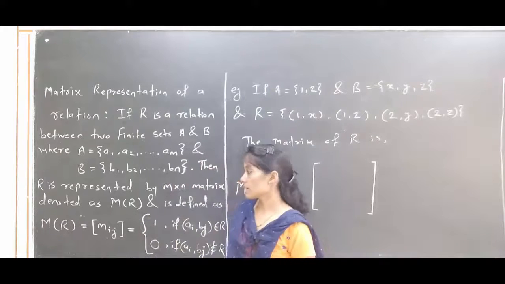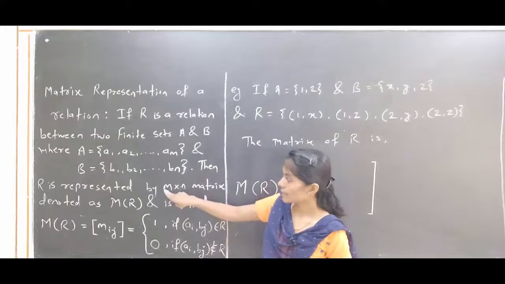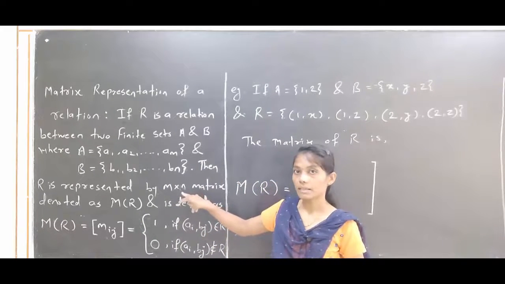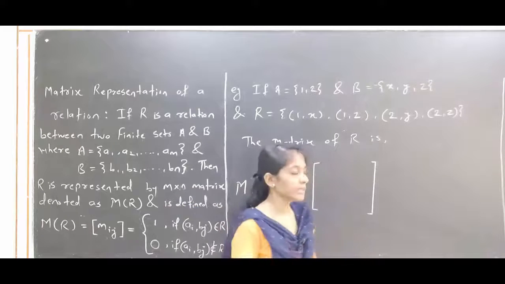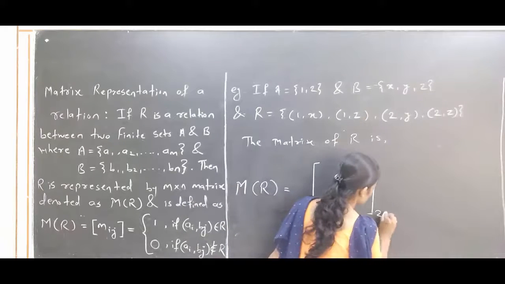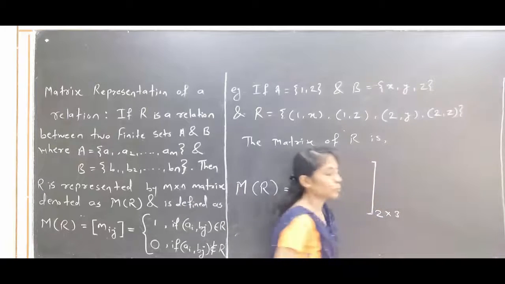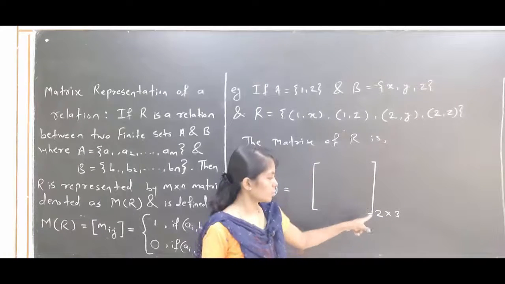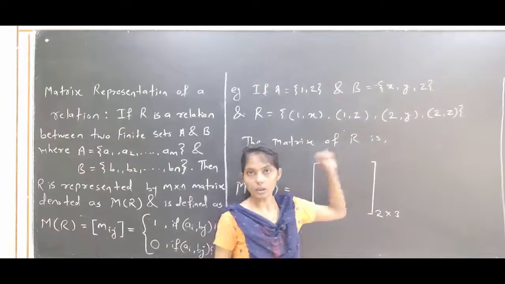So the matrix is of order m by n, that means 2 by 3. 2 by 3 means it contains 2 rows and 3 columns.